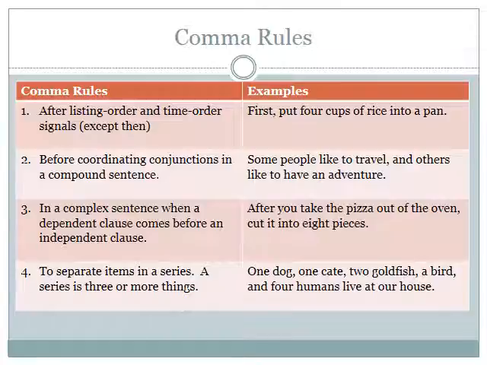And then the last one is for a series of items. So when we say a series, what we mean is 3 or more things in a list. If you have 2 things in a list, you do not need the commas. So we have here 1 dog, 1 cat, spelled that wrong, sorry. 2 goldfish, a bird, and 4 humans. So we put a comma after each one of these things.